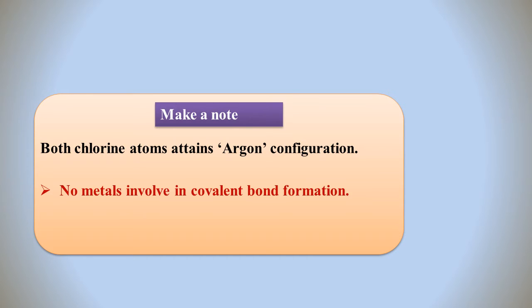Okay, no metals are involved in covalent bond formation. Remember that it's easy for the non-metals to reach the octet rule, but it's hard for the metals, so metals do not make a covalent bond.